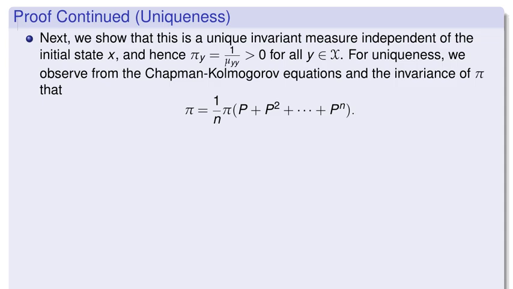For uniqueness, we observe from the Chapman-Kolmogorov equations and the invariance property of P, that pi equals pi P, which implies pi P^k equals pi, so that pi equals 1 over n times pi times the sum of P plus P squared plus dot dot dot plus P to the n.